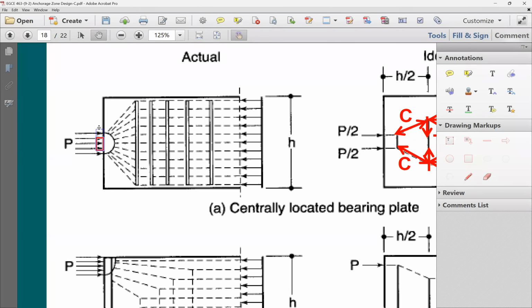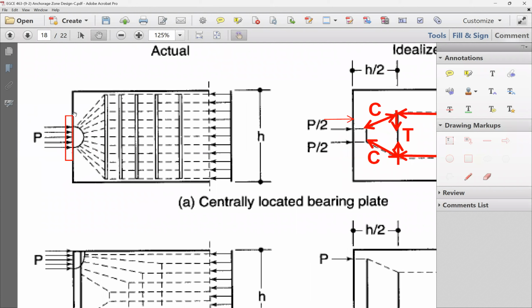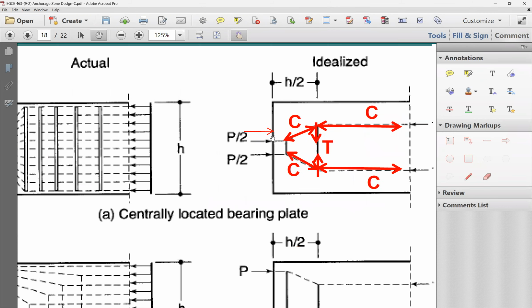When you put a bigger plate, let's say I'm just exaggerating here, put a bigger plate for bearing, what's going to happen? The location of this force is going to be pushed up. So instead of having it here, it's going to be about here. If you put the plate to be the same size as the beam, what's going to happen? You're going to end up with the point load right at the mid height. It's going to be aligned with this force. And you're not going to have any tensile stresses or tensile forces.